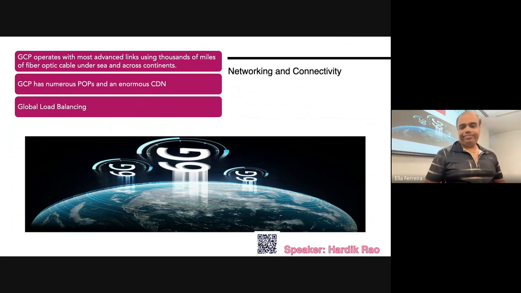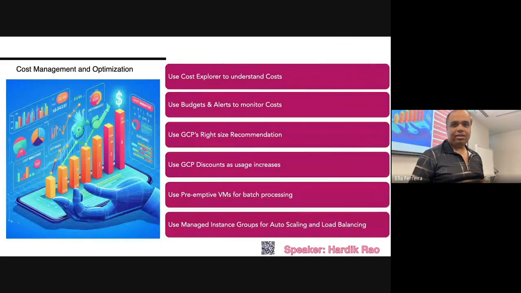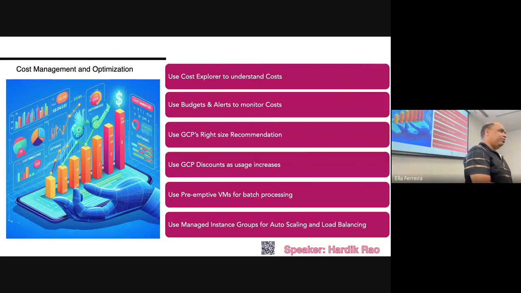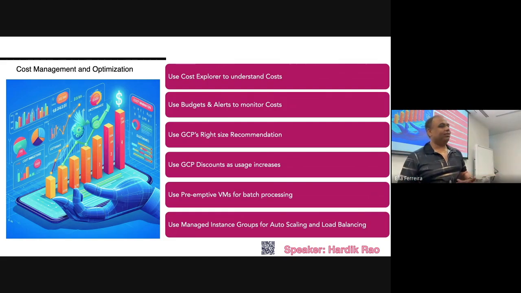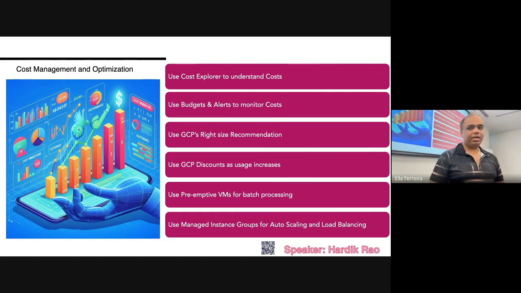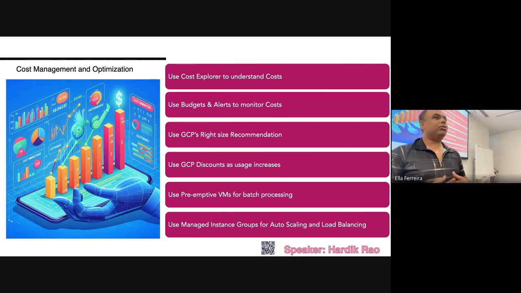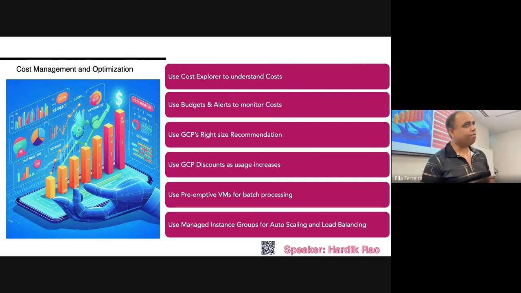Okay. So moving on from there, we have cost management and optimization features built in. So a lot of people say, this is fantastic, Hardik, this is great, but is it going to cost me a bucket? Well, the answer is no. It is not going to cost you a bucket, because what we do in Google Land is we use Cost Optimizer and Cost Explorer and budgets and alerts that monitor the costs and inform us, right?